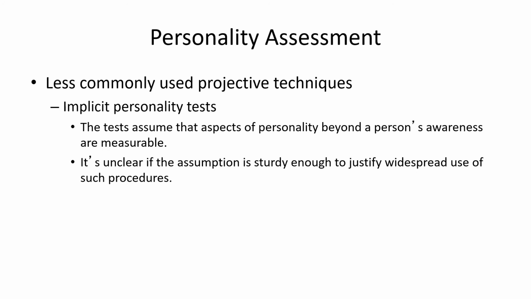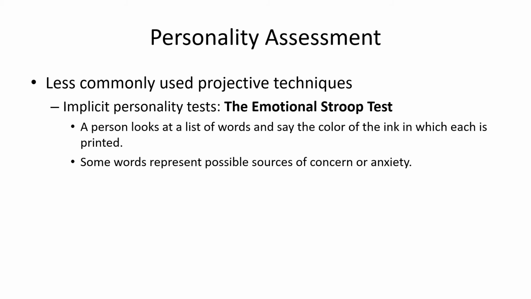Some of the other tests that we're going to use that are of less value are the implicit personality tasks. Right. This is the idea that aspects of personality are beyond a person's awareness. Right. It's not measurable. We've got the emotional Stroop task, which we're going to see an example of moving forward.